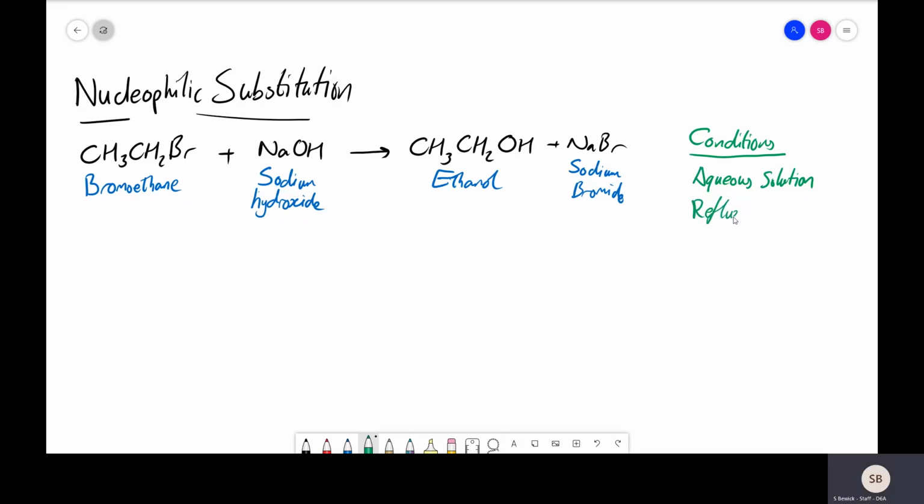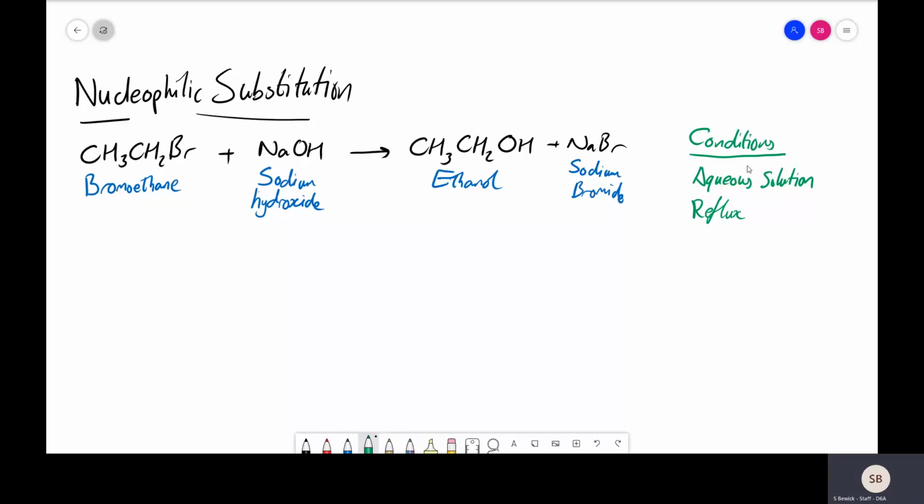Now, when we do alcohols, you'll learn a lot more about reflux and distillation. But for now, just learn the conditions are reflux. Basically, that just means that you're going to heat it up in a reaction vessel, probably a round bottom flask. And as you heat it up, some of the chemicals, mainly the ethanol, and potentially the bromoethane, will evaporate.